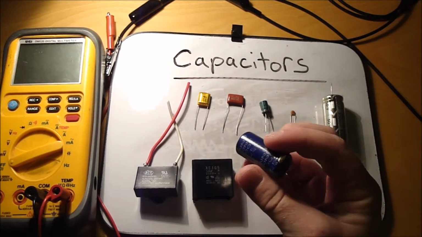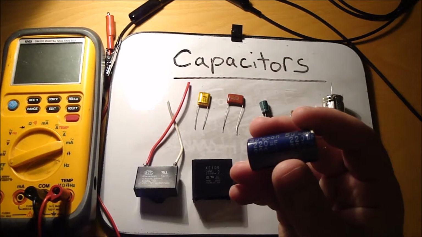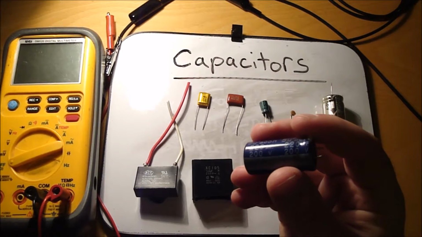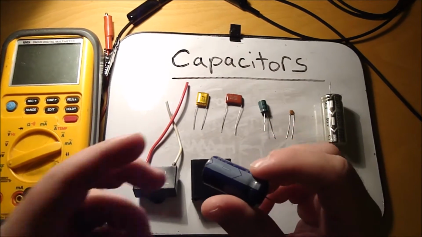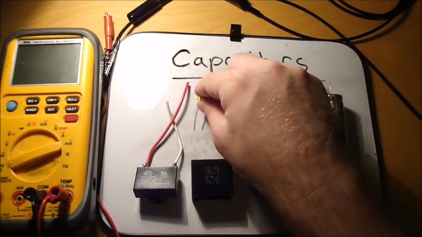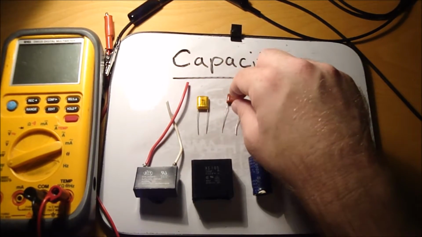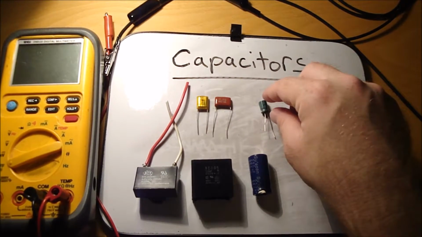This one is polarized. It's an electrolytic 220 microfarad 200 volt capacitor, and this marking shows you the negative is on this side. This is a non-polarized capacitor.